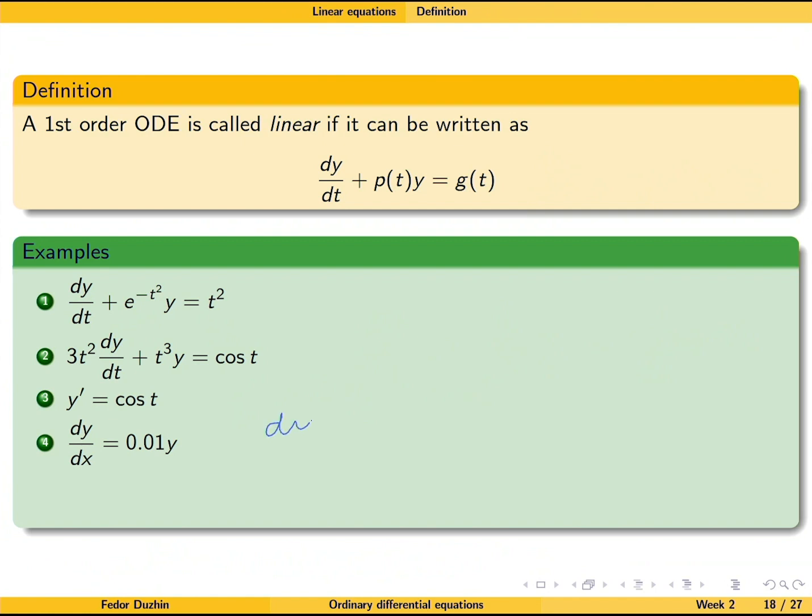And so we can write it as y prime minus 0.01 y equals 0. Now g of t is 0. And p of t is minus 0.01. So it is actually independent of t, and strictly speaking, it should be p of x, because now x is the independent variable. And here is one more example.